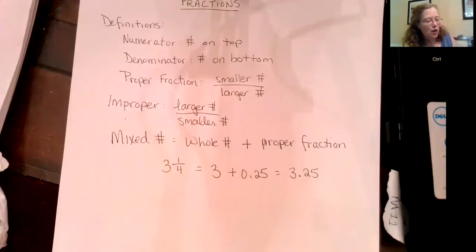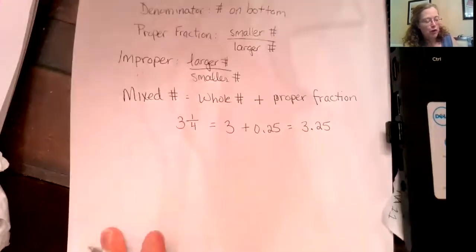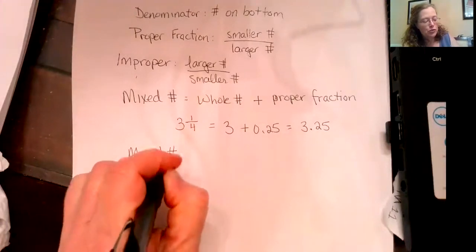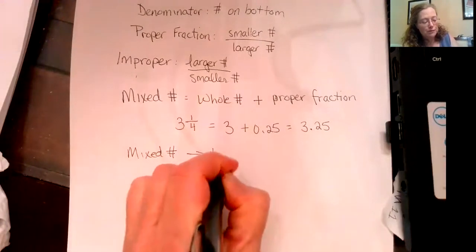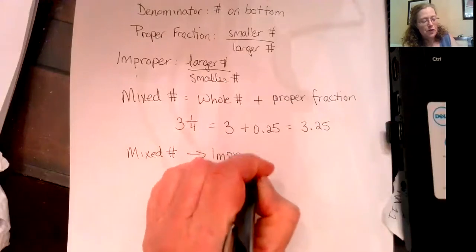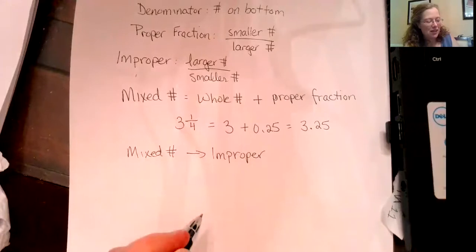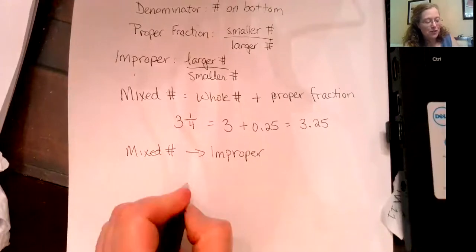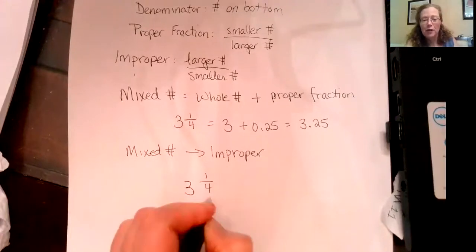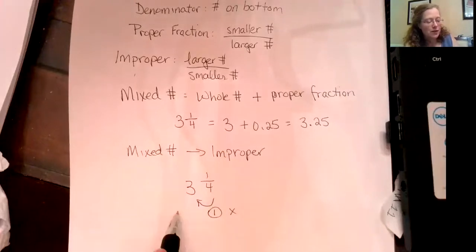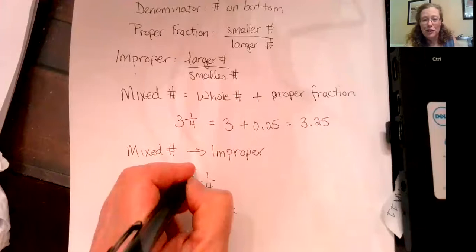Then when we want to go from a mixed number to an improper fraction, it's a three-step process. The first step is to multiply the bottom number times the whole number. The second step is to add the numerator.